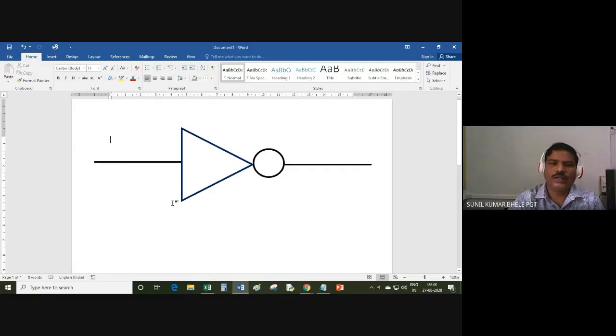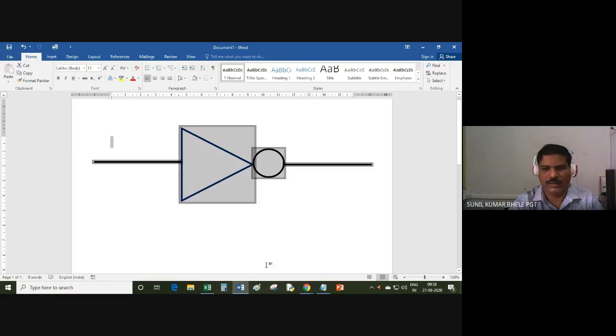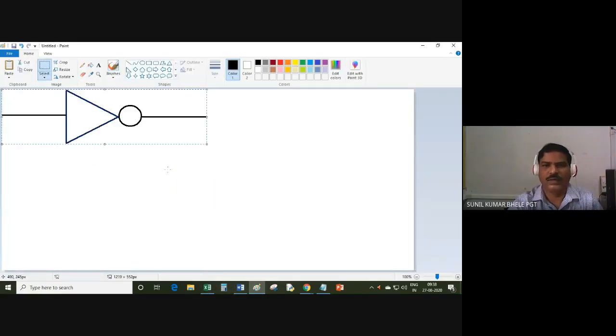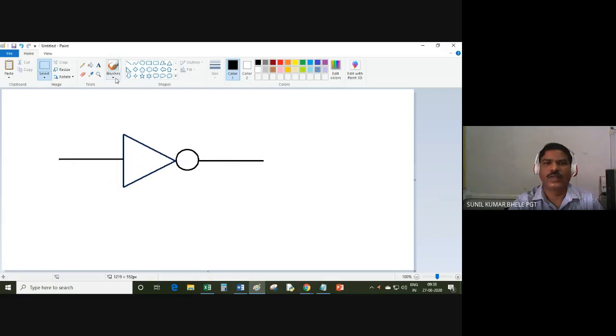So this NOT gate has only one input. Suppose the input is A, then the output will be A complement. Suppose the input is 1, what will be the output of the NOT gate?